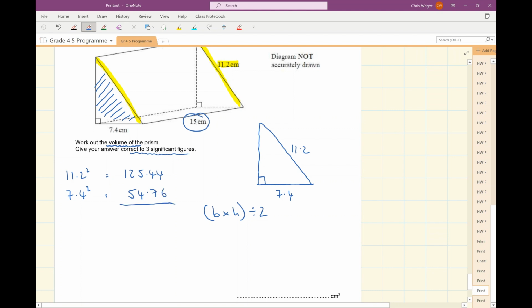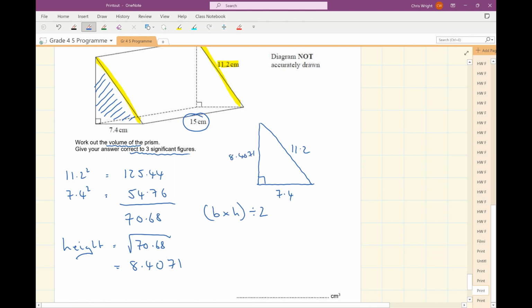I'm subtracting, because I'm not finding the hypotenuse, I'm finding the length of one of the shorter sides. So I get 70.68. So the height of the triangle is going to be the square root of 70.68, which is 8.4071, and so on.